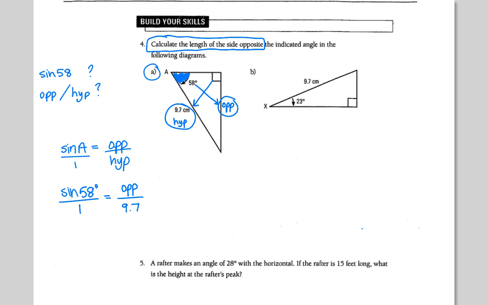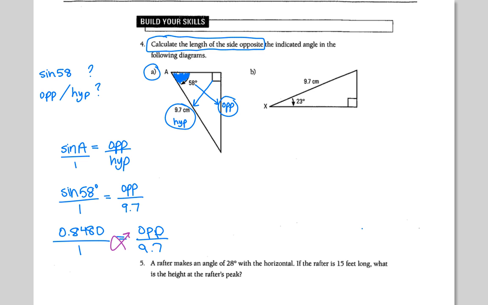This is just cross multiplication like you've seen this whole course. So I'll evaluate sine 58, and I'll go to 4 decimal places for accuracy. 0.8480 over 1 equals op over 9.7. And now I can cross multiply.